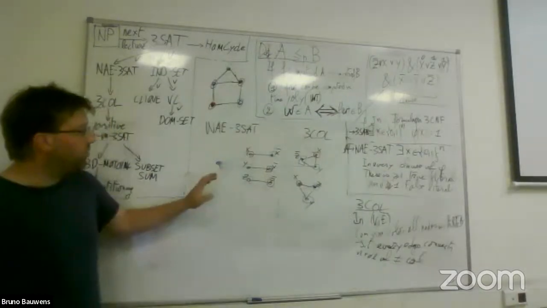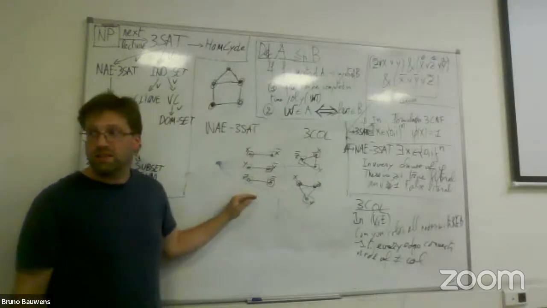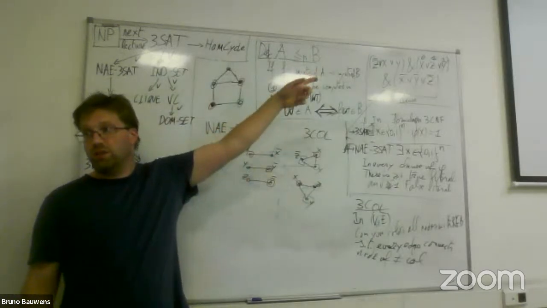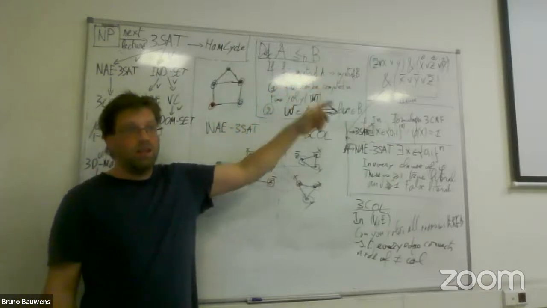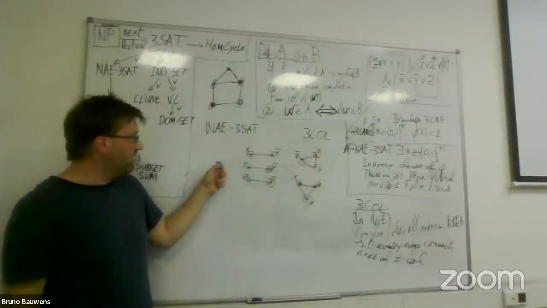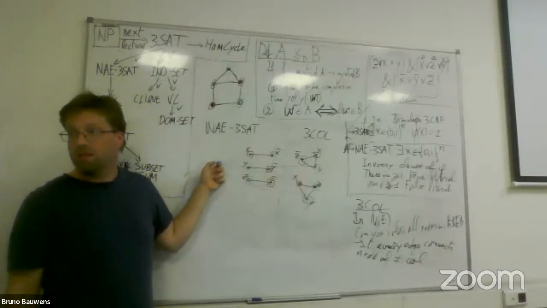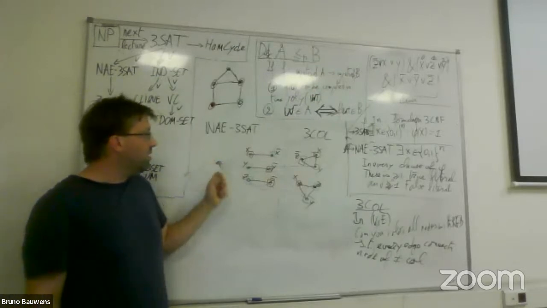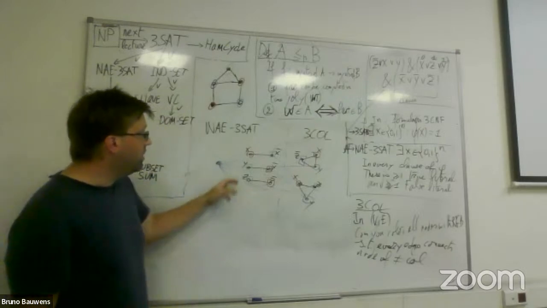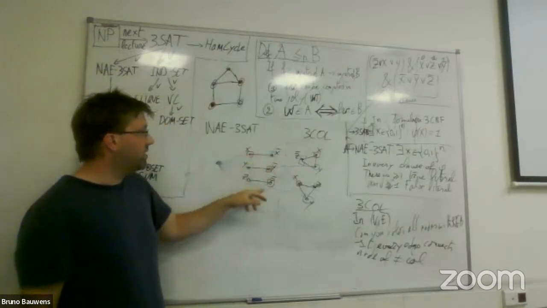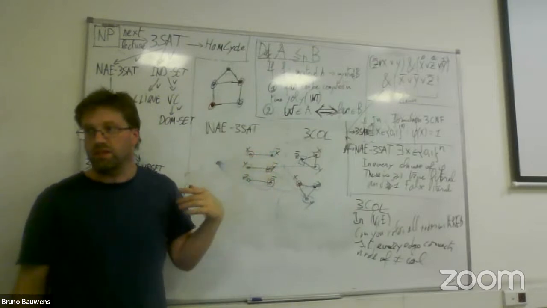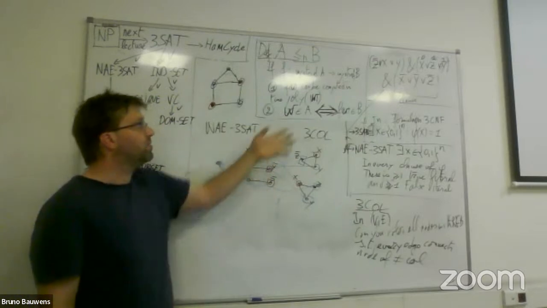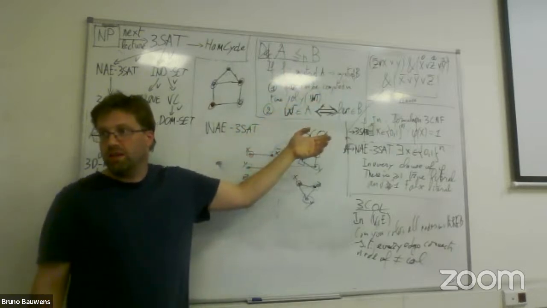So we assume that a coloring exists, and we want to find a not-all-equal assignment. That's our task. First, we rename the colors so that this one is blue. Then we know that here we have green and red. And we say that the green ones are true literals, the red ones are false literals. It doesn't matter, this assignment is symmetric anyway.